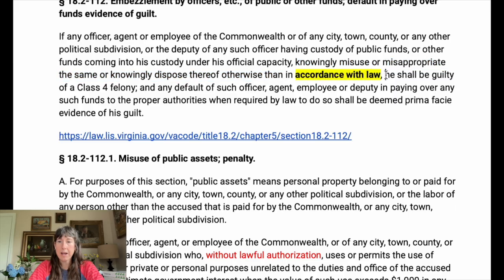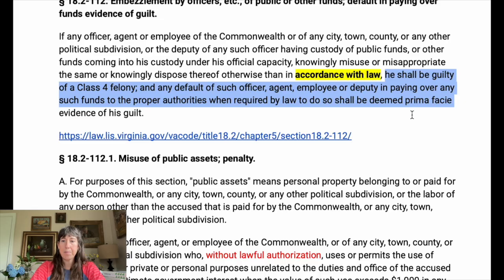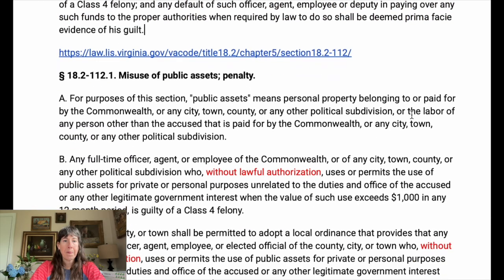That's the kicker. It's got to be in accordance with law. He shall be guilty of a class 4 felony, and any default of such officer, agent, employee, or deputy in paying over any such funds to the proper authority when required by law to do so shall be deemed prima facie evidence of his guilt.